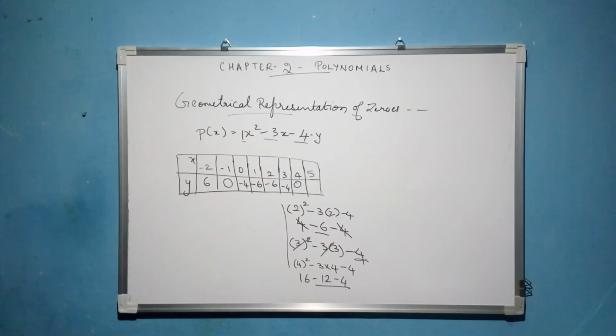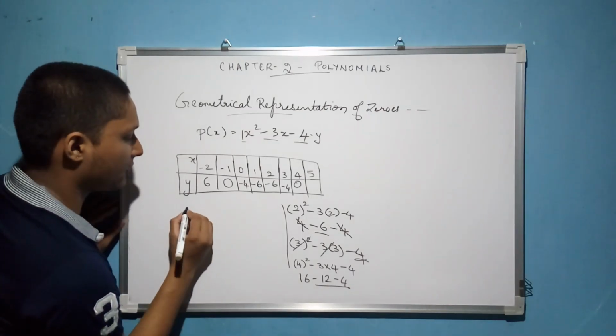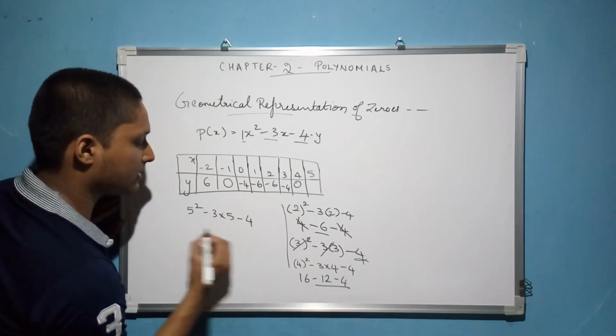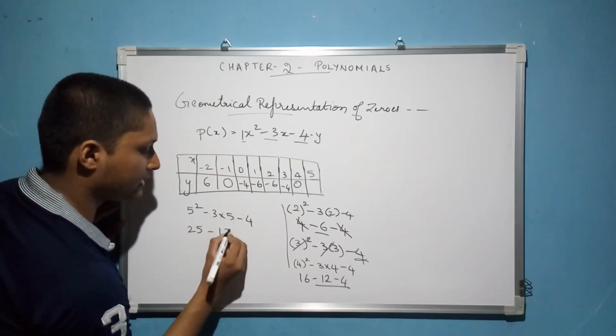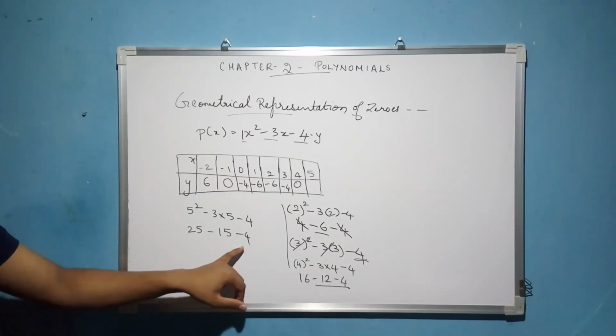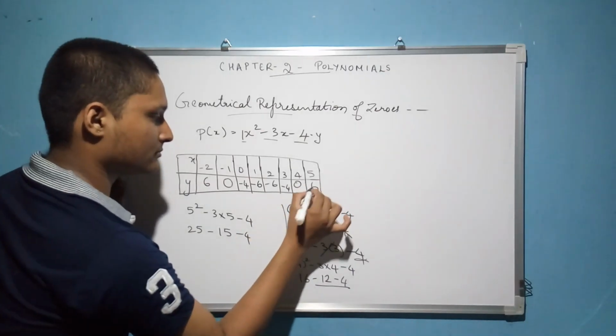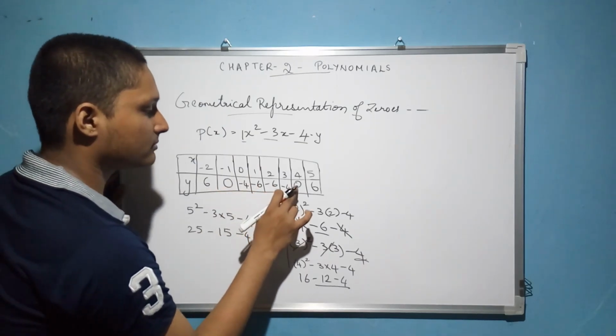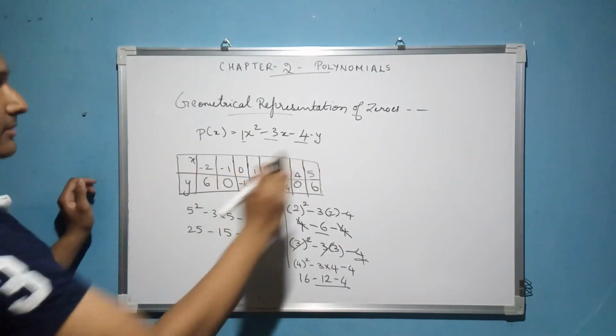Now we need to substitute 5. What comes here? 5 square minus 3 into 5 minus 4. That is 25 minus 15 minus 4. 25 minus 15 is 10. 10 minus 4 is 6. See, 6, 0, -4, -6, -6, -4, 0, 6. This comes back as a mirror image.